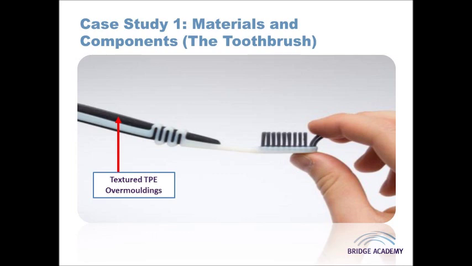Now with the TPE, okay, it could also potentially be dual shot injection moulded, where you'd have two types of plastics injected in the same cycle, and the bristles, which would be a separate component, are probably moulded around with the acrylic to actually hold them in place and keep them tight, okay.